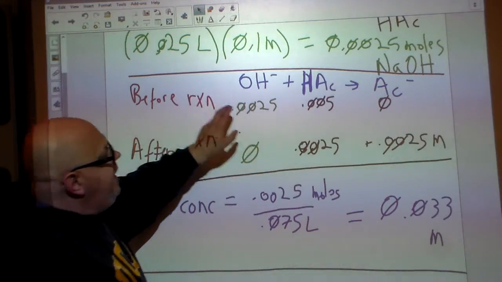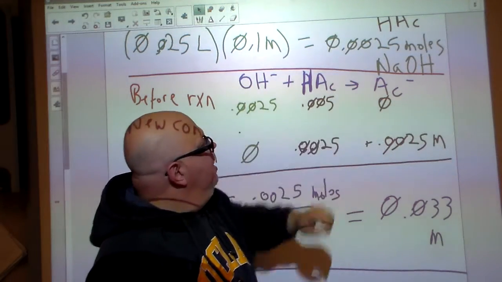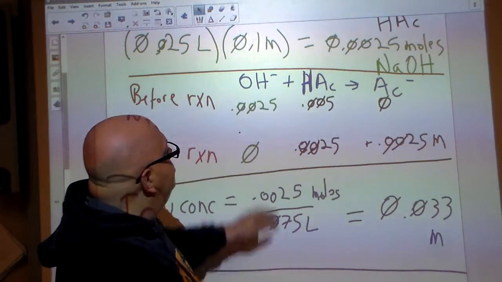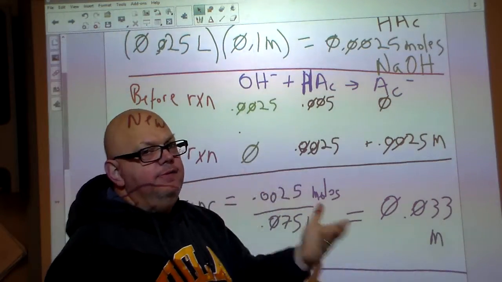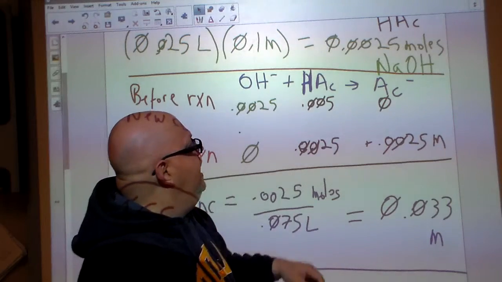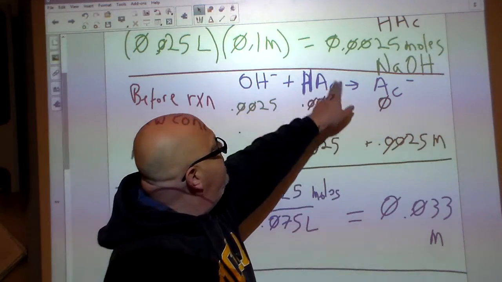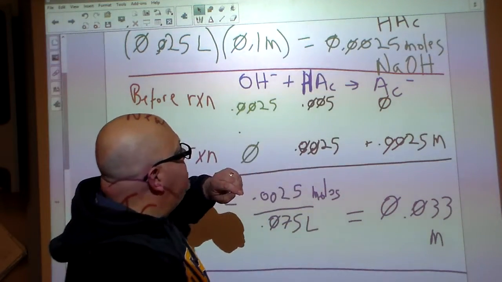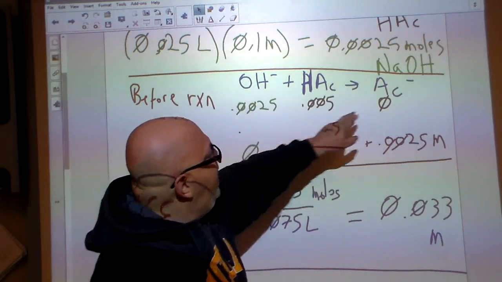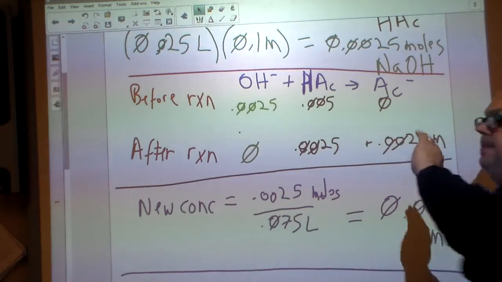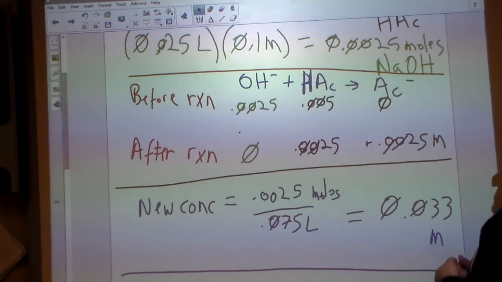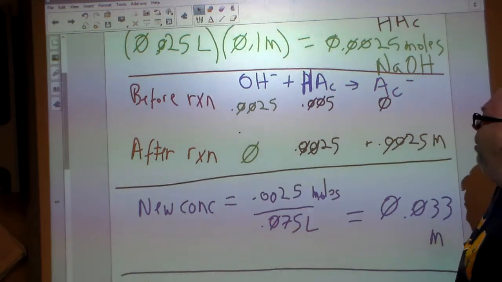So before the reaction, these are our moles: 0.0025 of our NaOH, and again, the sodium doesn't figure into this; it's a spectator, if you will. Then here is our acetic acid, and this is the reaction combining these two, and we get our acetate. We're not worried about the hydrogen at this point because it's close to zero.